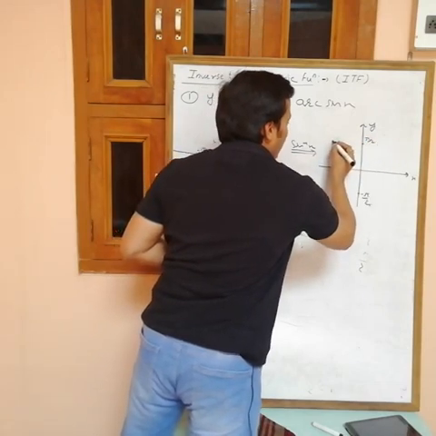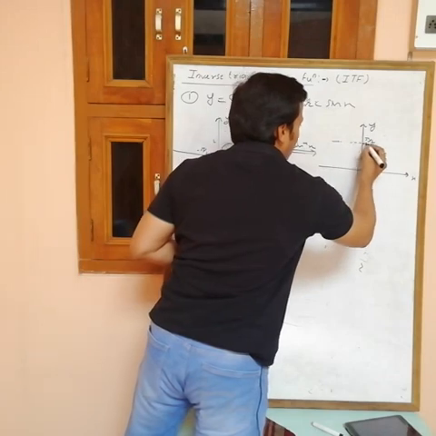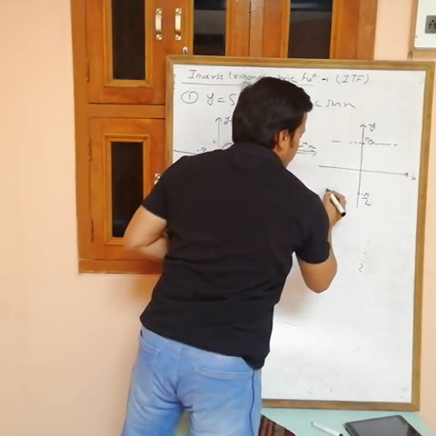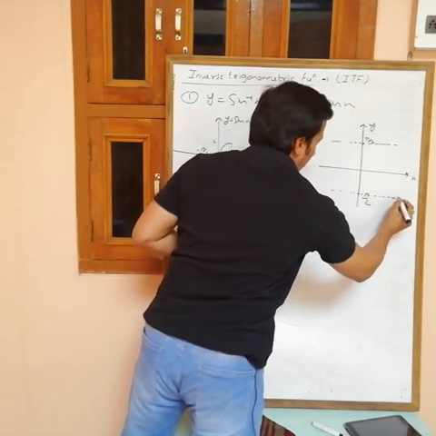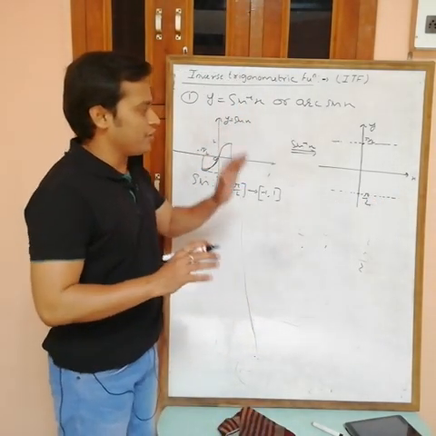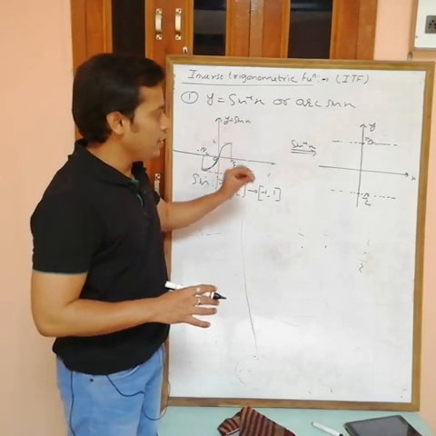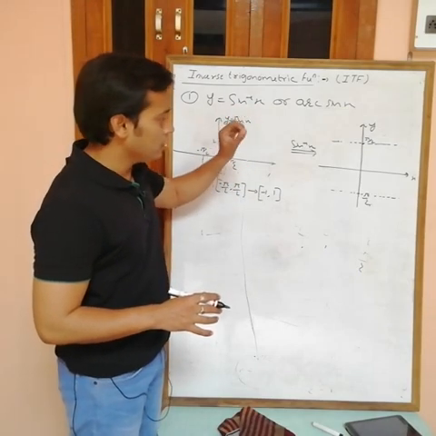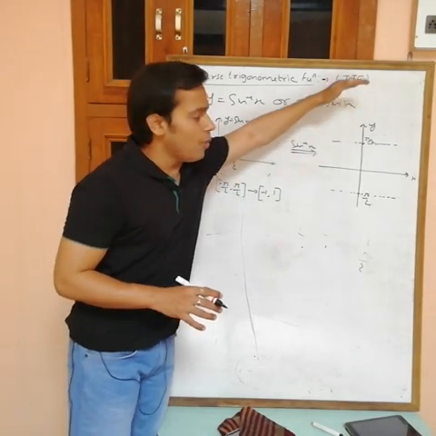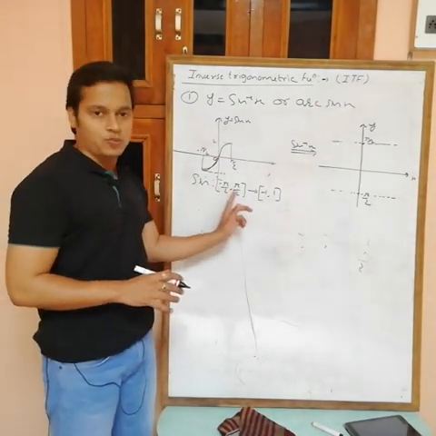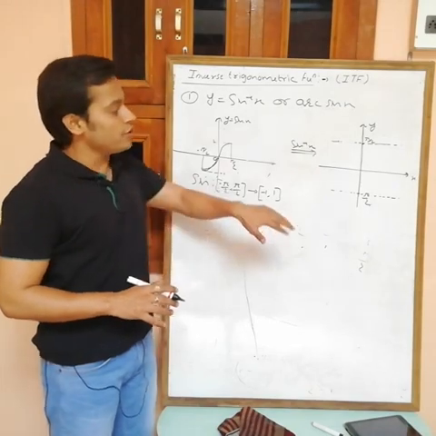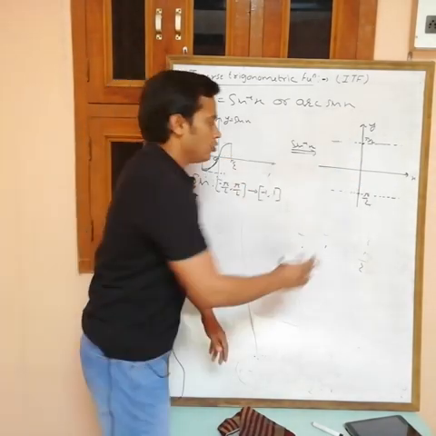I am drawing a line at pi by 2 and minus pi by 2, because we can't draw the graph above this one and below this one, because this is the range. Domain of sine is minus pi by 2 to plus pi by 2, na, so range of sine inverse is minus pi by 2 to plus pi by 2.